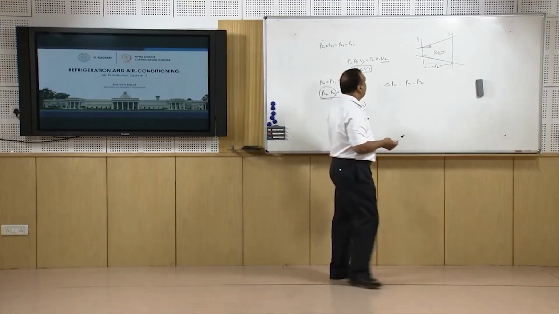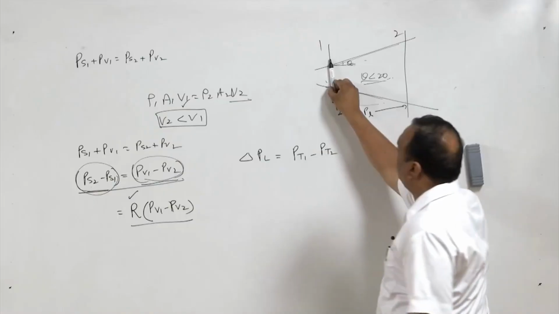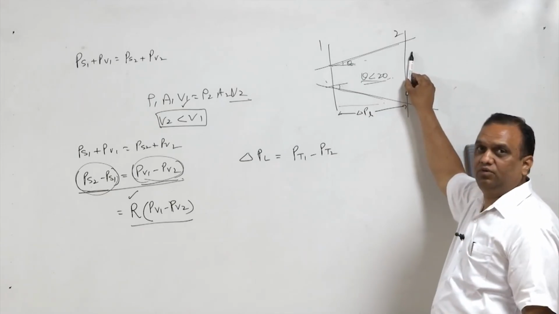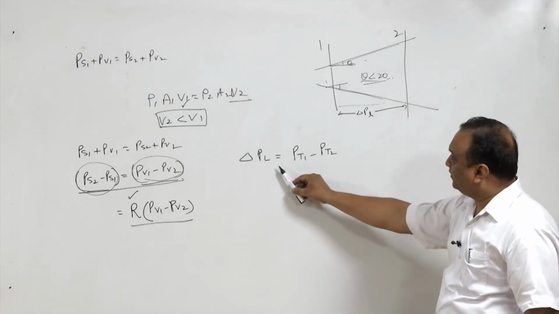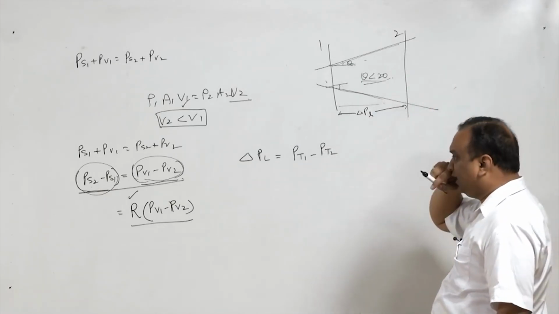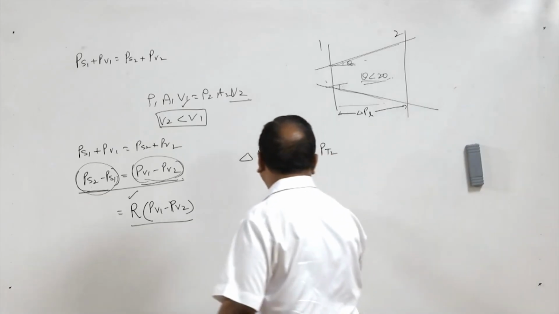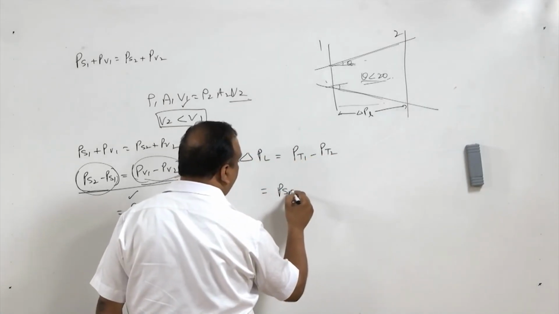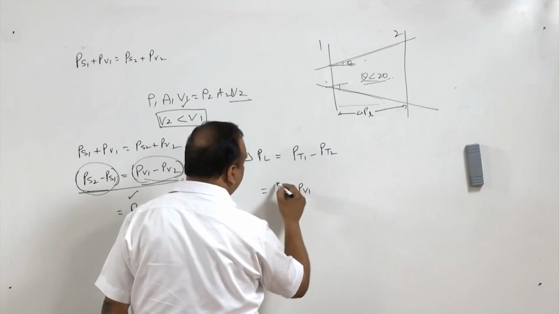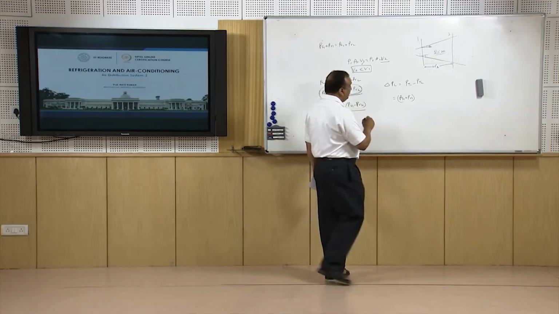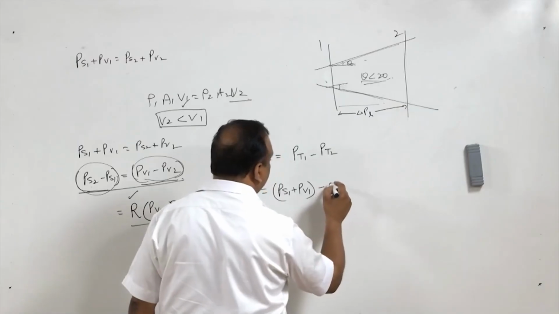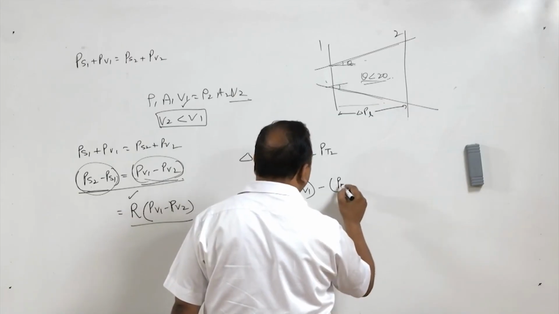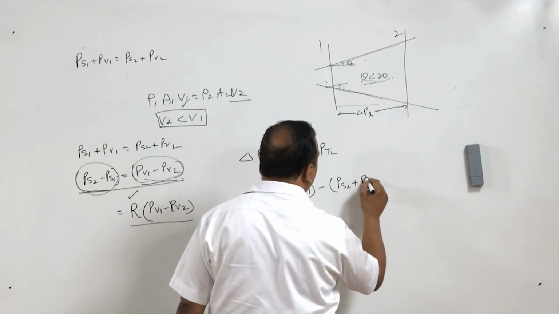The total pressure at state 1 minus the total pressure at state 2 gives the pressure loss during flow in the duct. Now PT1 is PS1 plus PV1, and PT2 is PS2 plus PV2.